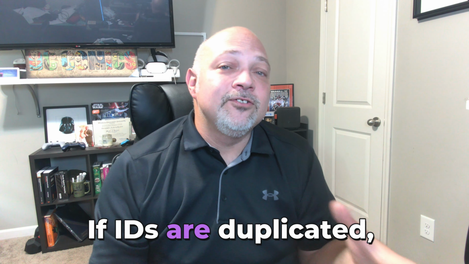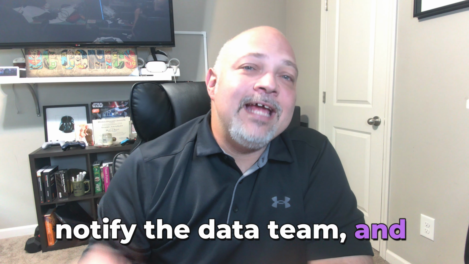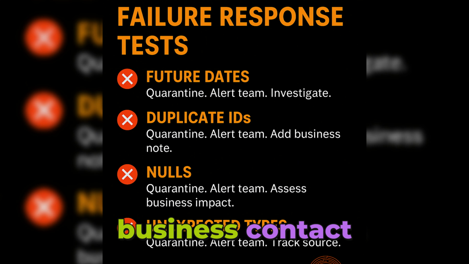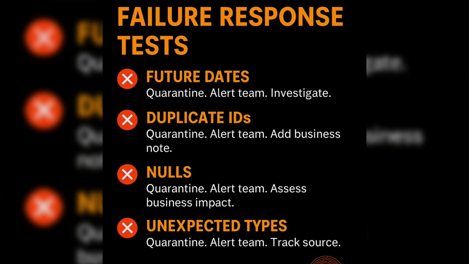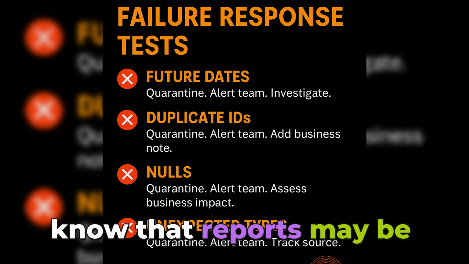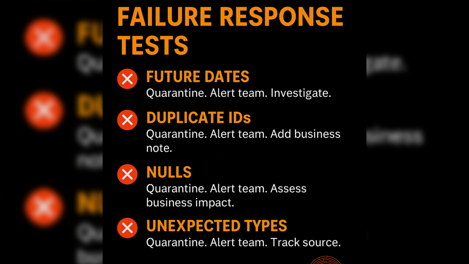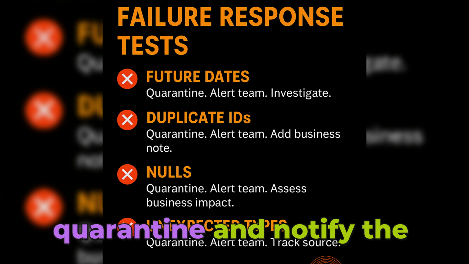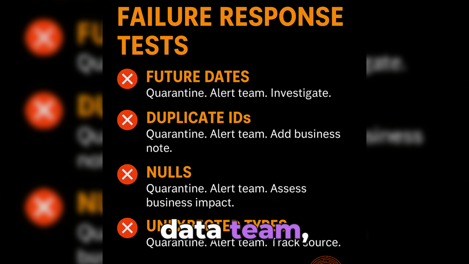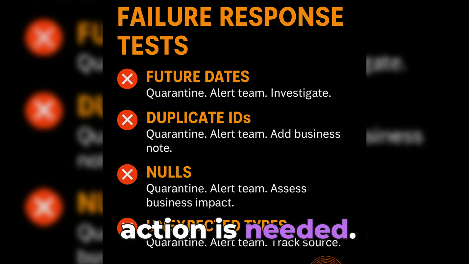If IDs are duplicated, quarantine those conflicting rows, notify the data team, and optionally tag the business contact that owns the transformation for that review. Let your stakeholders know that reports may be omitting some of those records. If required fields are null, quarantine and notify the data team. Then determine if business action is needed.